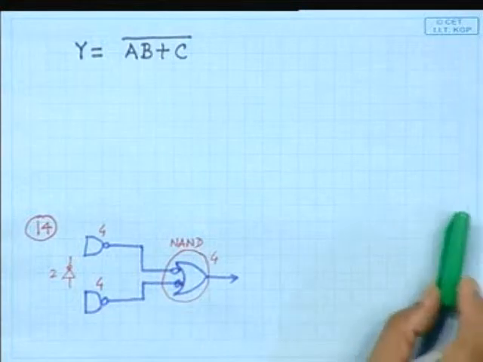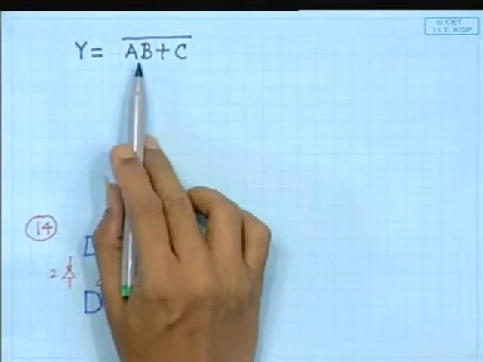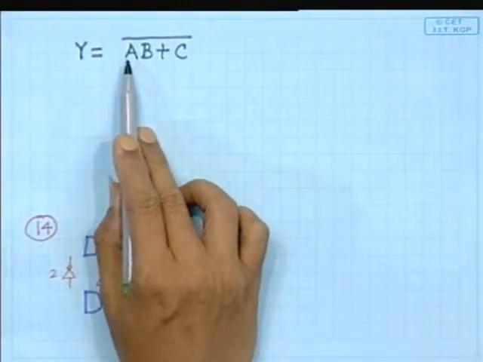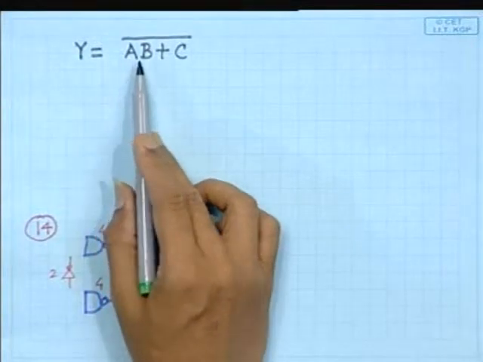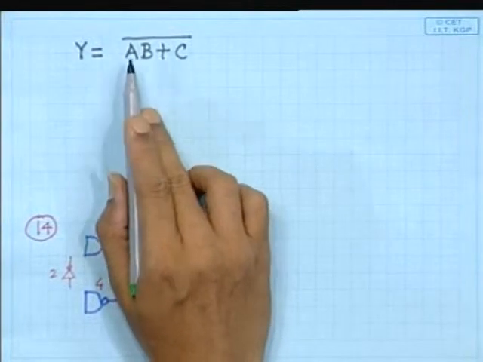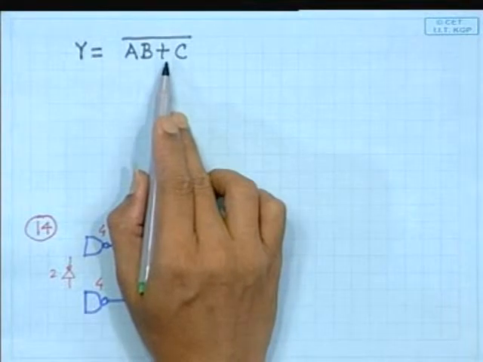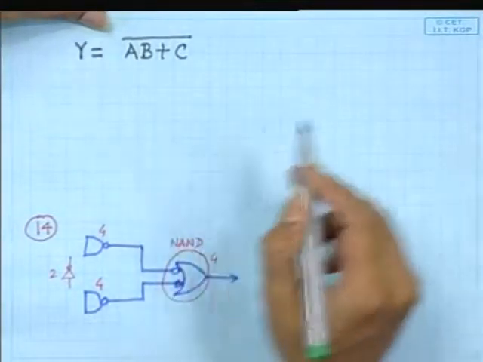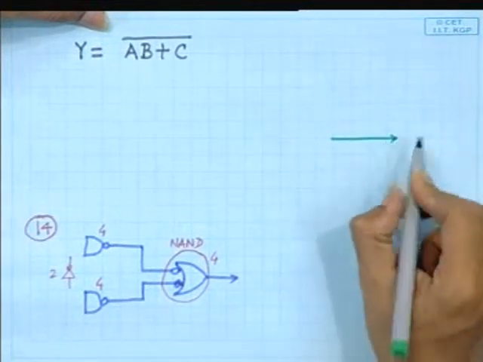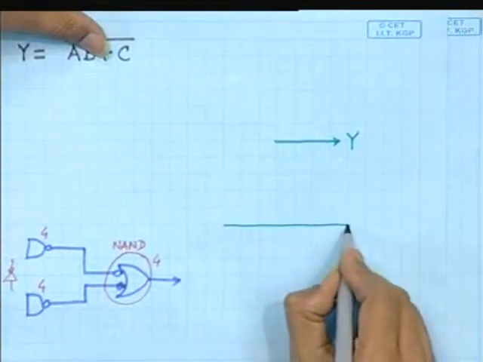But if you think about the transistor level realization of this, first of all, what it means in terms of the truth table: when will the output become low? In words, the output will become low if A and B both are high or C is high. From that logic we will try to synthesize the circuit. This is the output Y, this is the ground line.